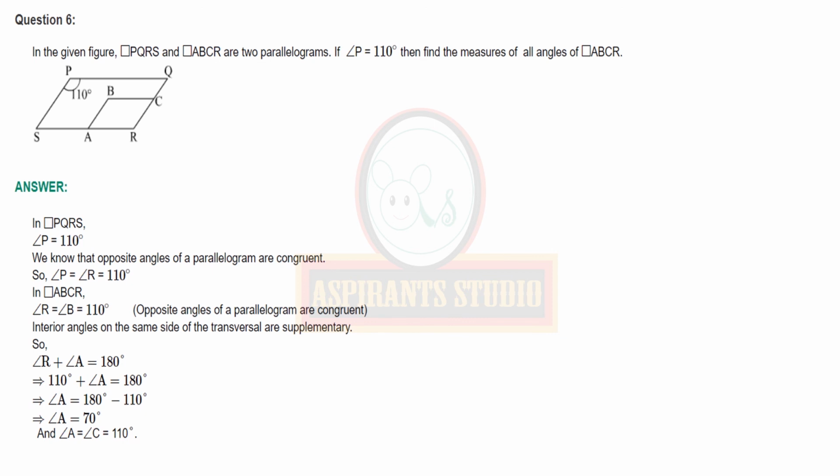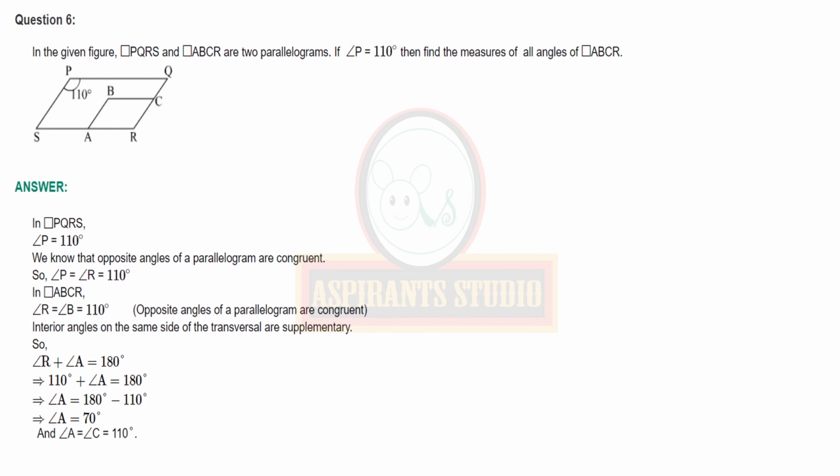So measure of angle A is equal to measure of angle C is equal to, sorry, 70 degrees. Please do the correction as 70 degrees, because in the previous step we have got measure of angle A is equal to 70 degrees.